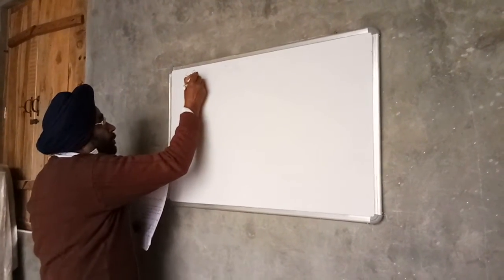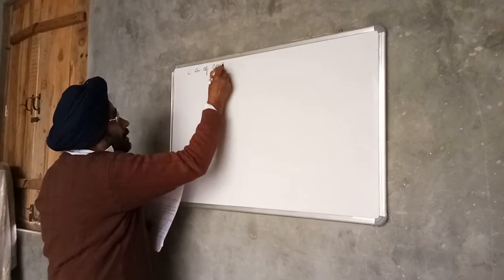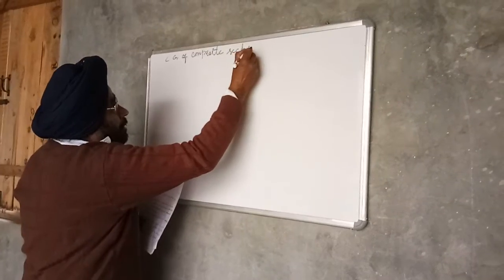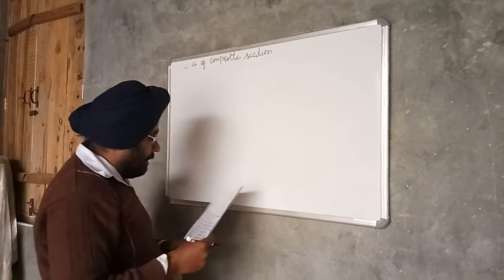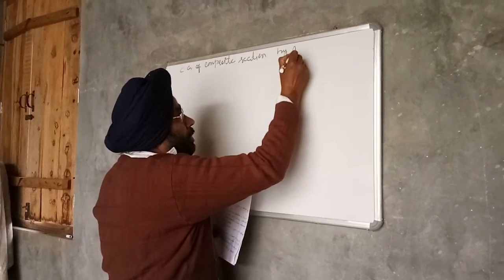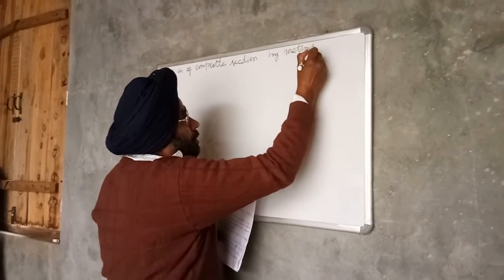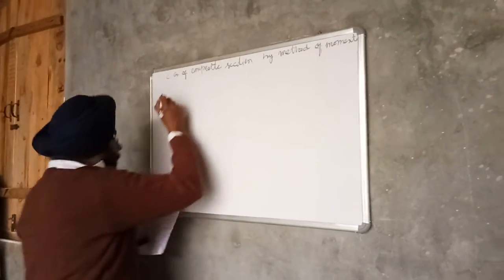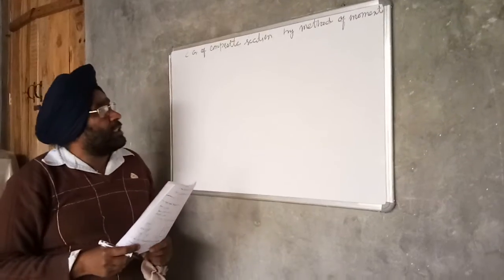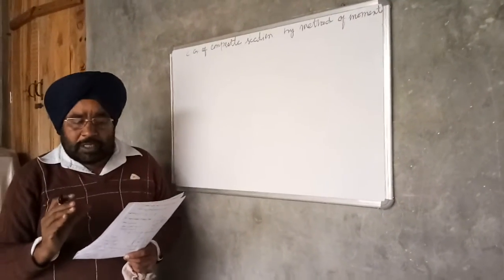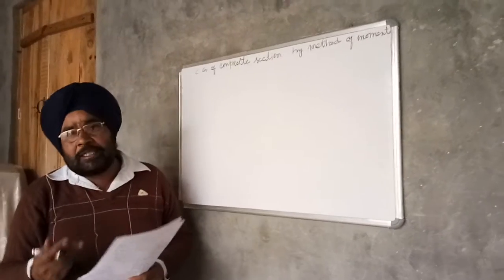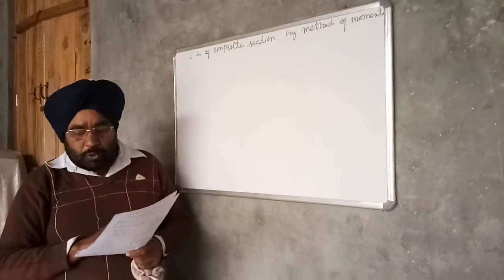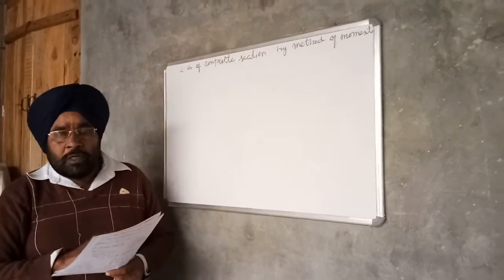What is a composite section? The section formed from the combination of two or more geometrical sections such as triangles, rectangles, circles, etc. is called a composite section, compound section or built up section.